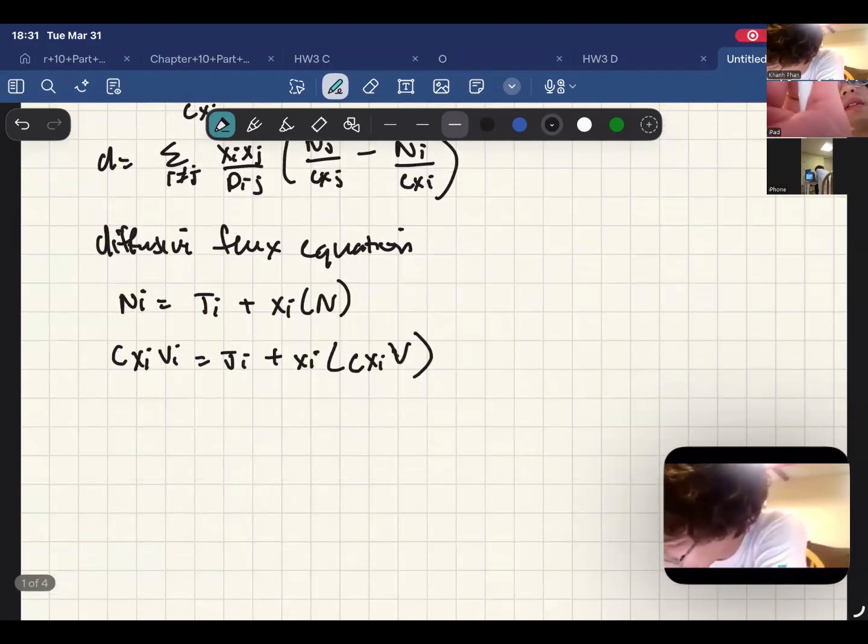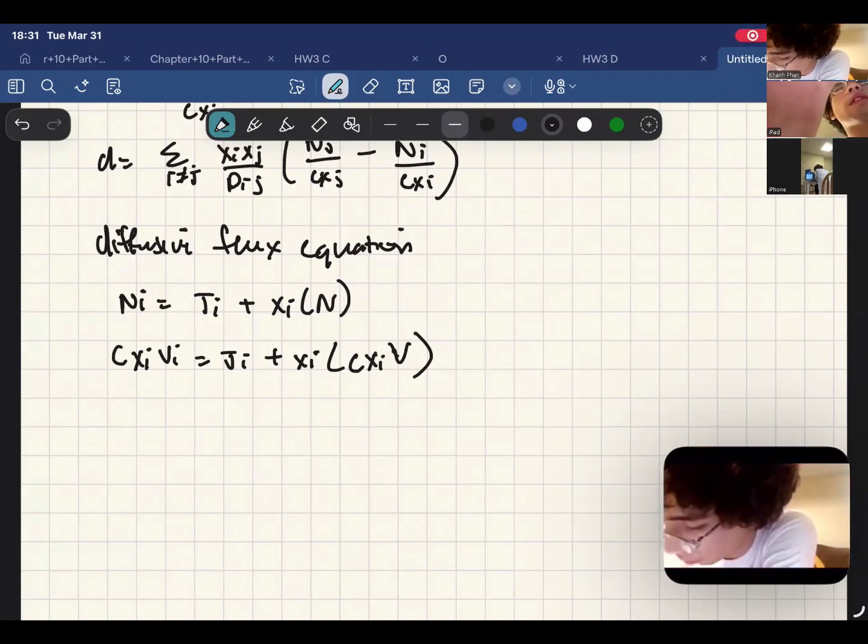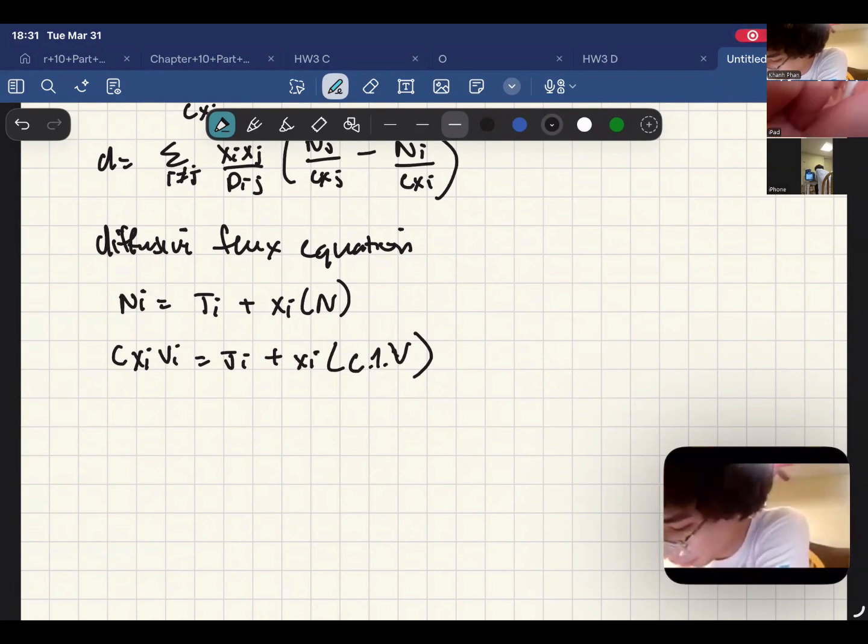And then the mole fraction of i would be 1 for a pure component.